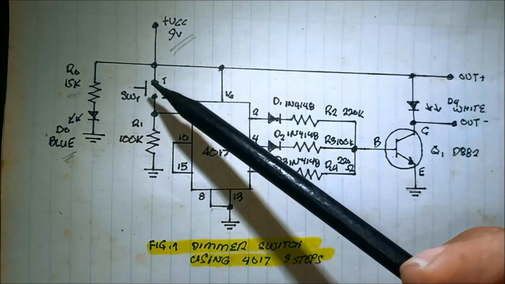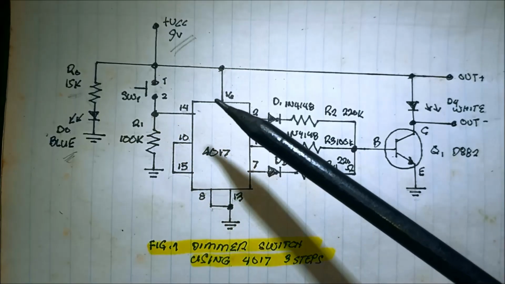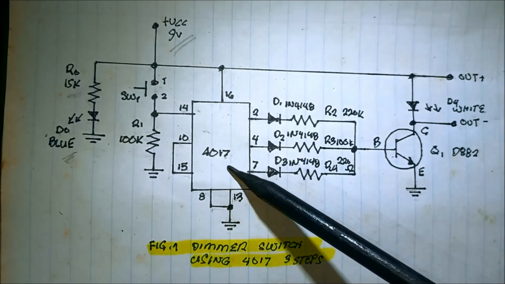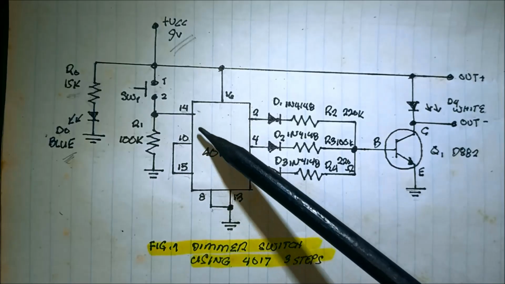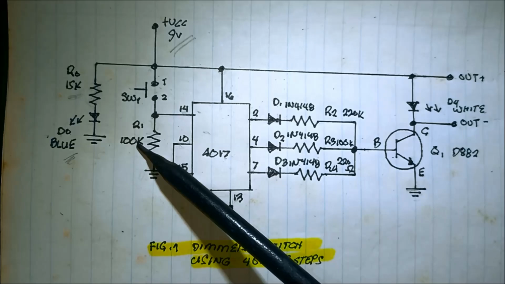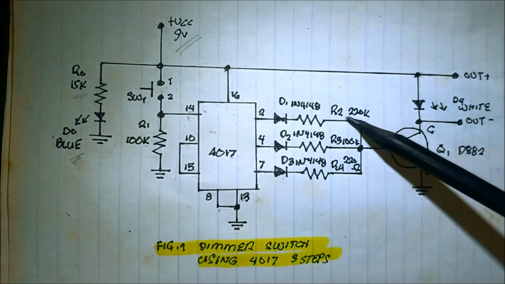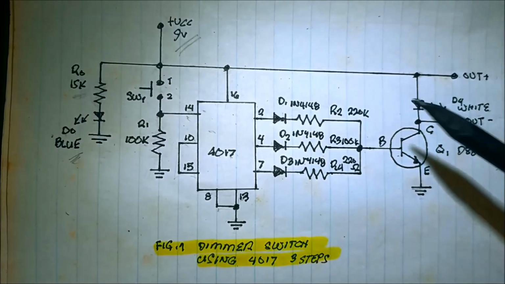Then we have the push button connected to the 9 volts, then to pin number 14. The initial state of the IC is pulled down to ground by a 100 kilo ohm resistor connected to pin number 14, that is the clock input.